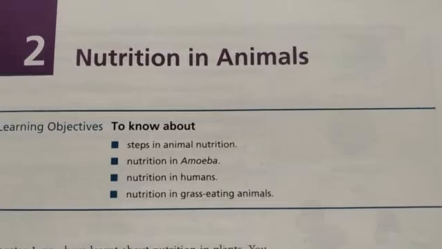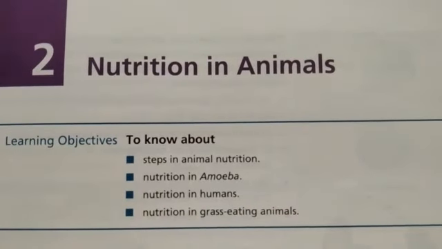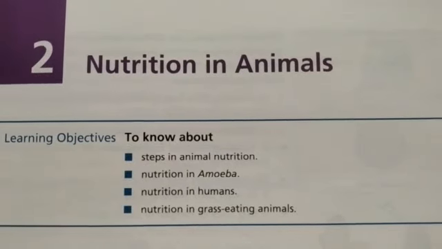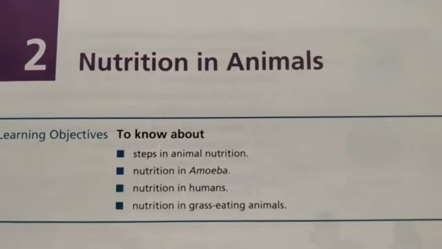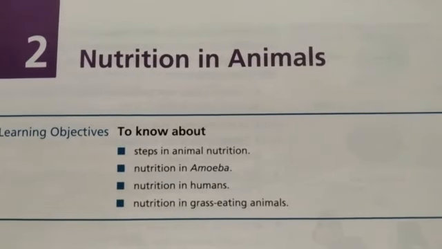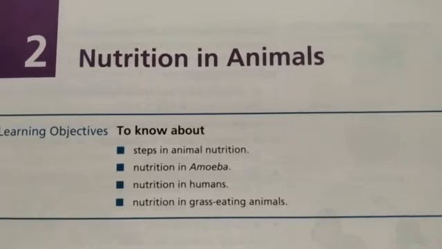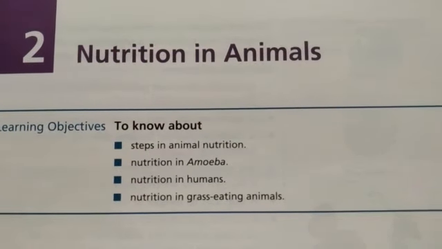The very first topic which we have to study is steps in animal nutrition. Nutrition in animals involves 5 basic steps. Please revise it with me, or remember it forever.